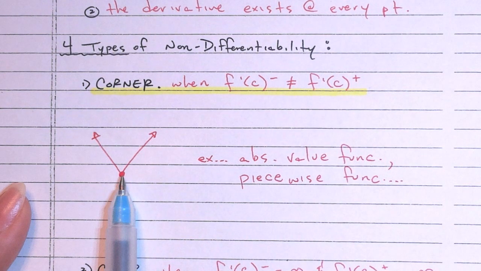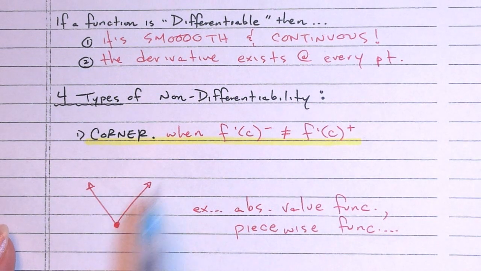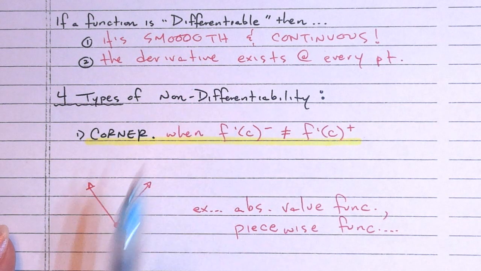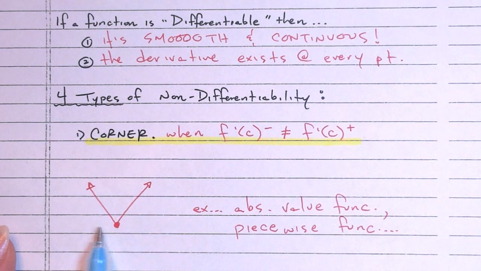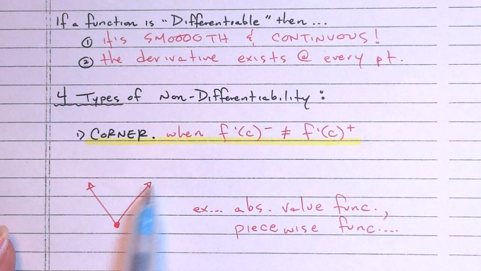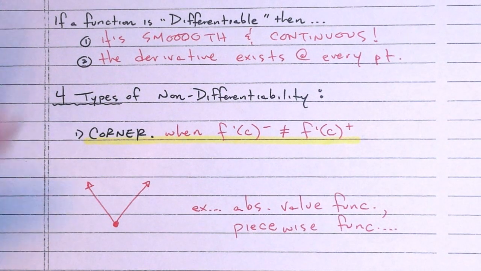We take this point, it is continuous here, but the derivative does not exist because it's not smooth, basically. The slope here and the slope here doesn't transition smoothly, so that's why. The slope on the left side looks like it's a -1. The slope on the right side is a +1, and that's a sudden jump of slopes, very different, so it's a corner, okay?